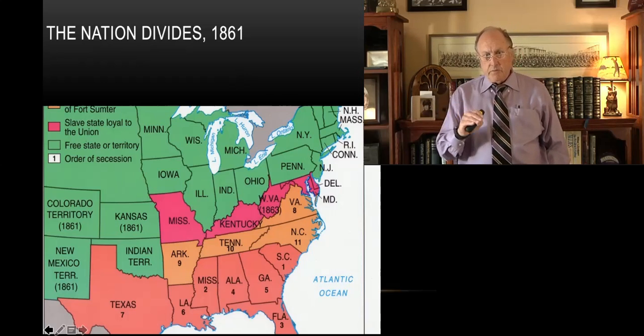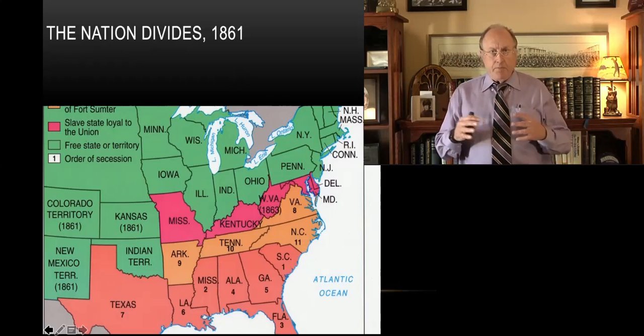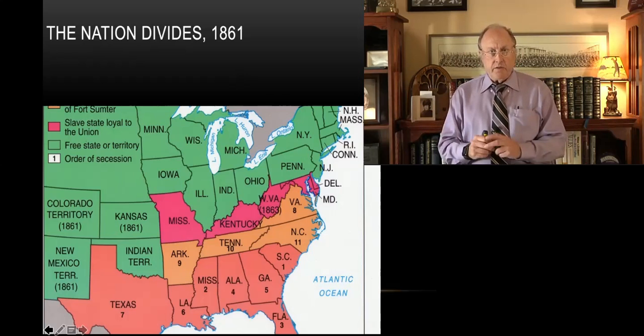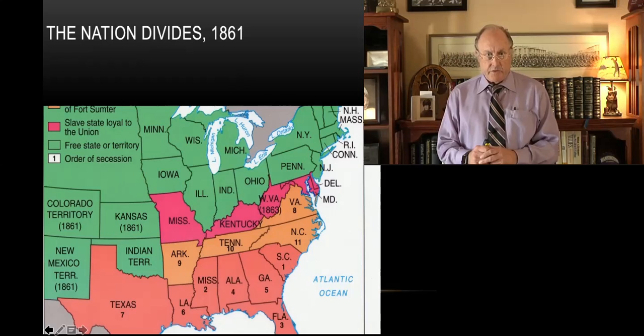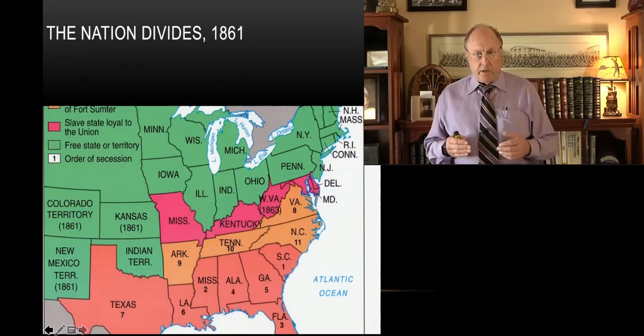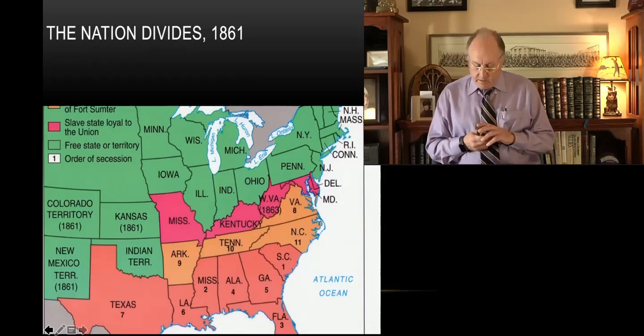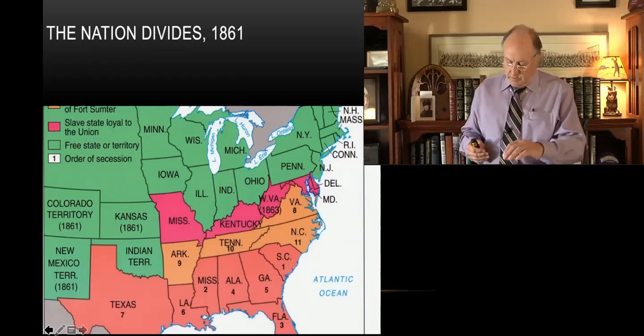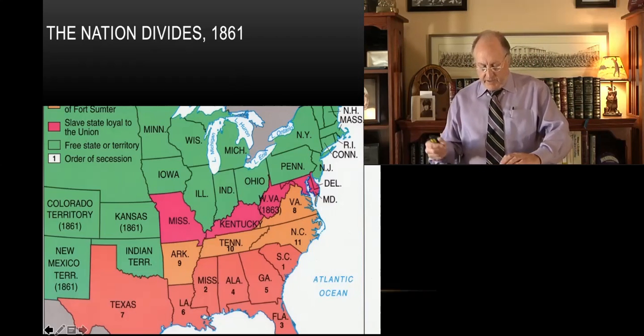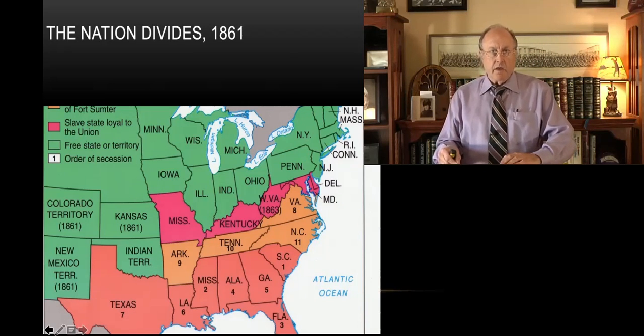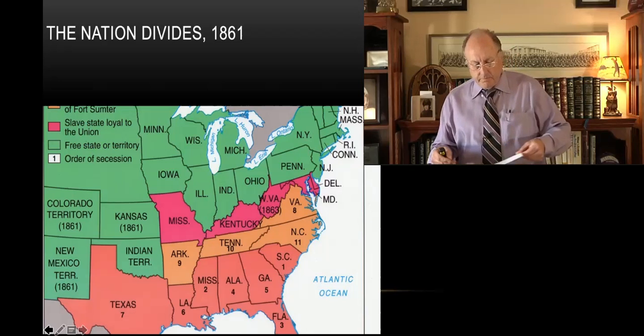And in those border states, the people themselves are divided as to whether or not they favor the North or the South. So Missouri, Kentucky, Maryland, they are kept in the Union by this divided sentiment and by Union forces.